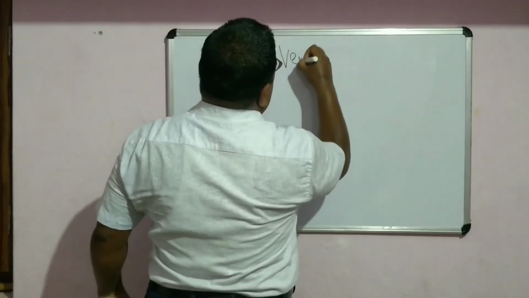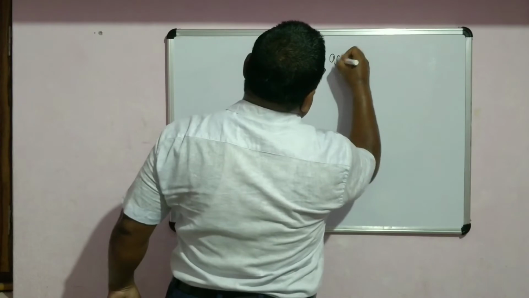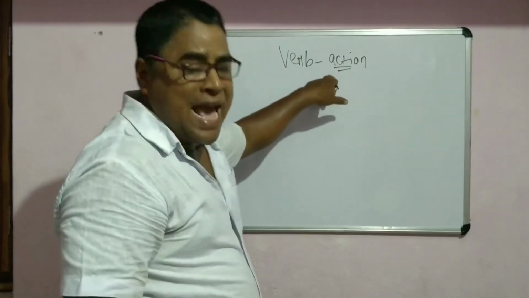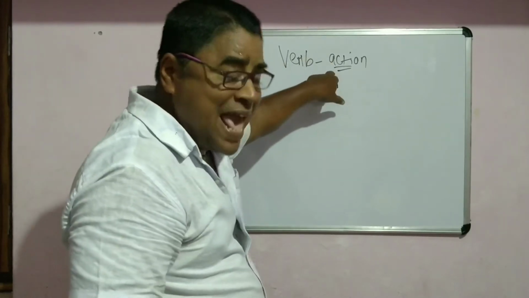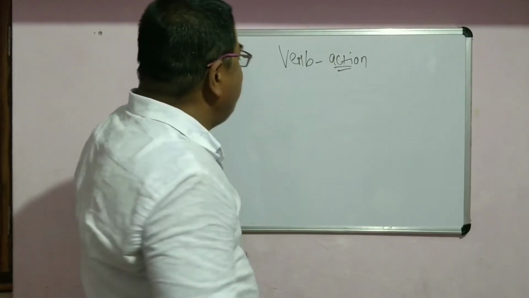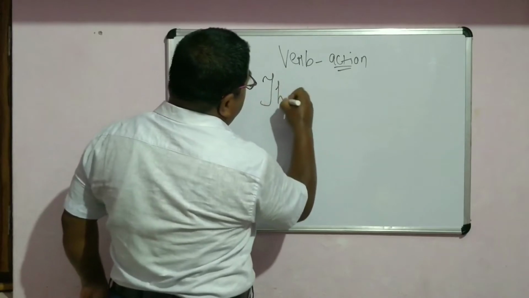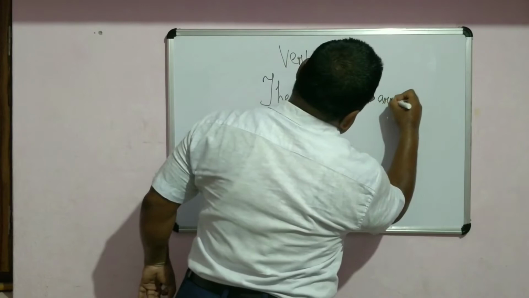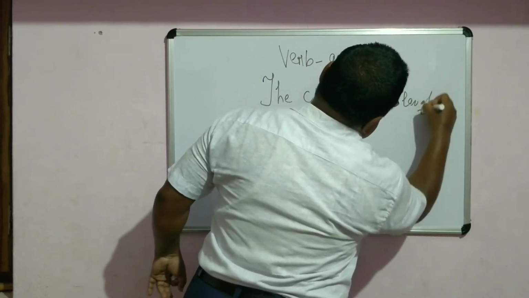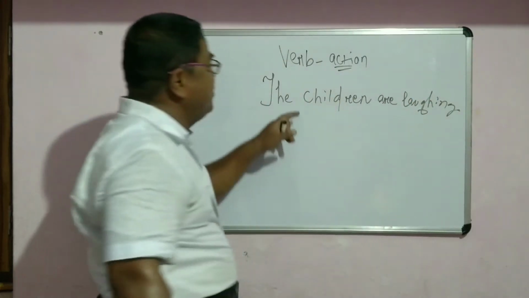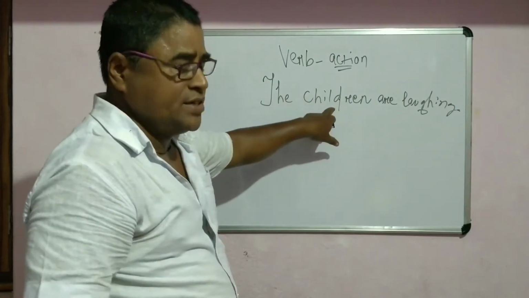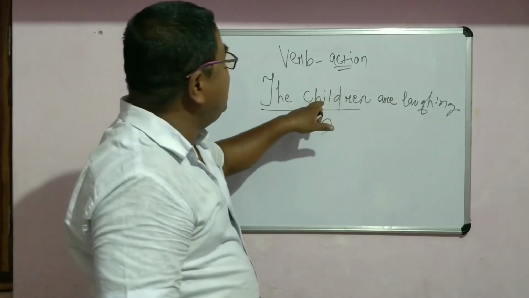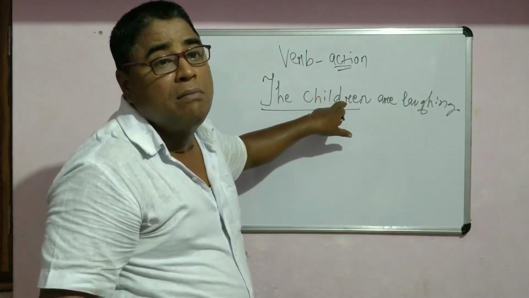Always remember, a verb is a word referring to action. Verb is an action word. That means any word that denotes action is called a verb. If I say, the children are laughing, L-A-U-G-H-I-N-G, and I put a question on the subject, the children, what are the children doing?